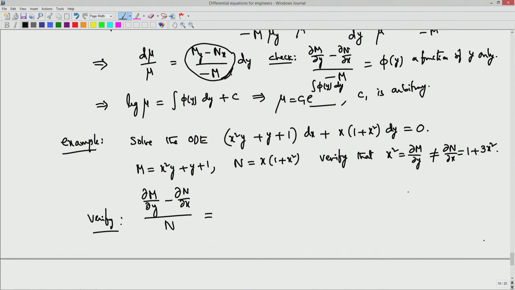Sorry, this is not x square, so this should be x square plus 1 for dou M by dou y, which is not same. So dou M by dou y minus dou N by dou x gives minus 2x square, divided by N. What is N? x into 1 plus x square. So clearly I have minus 2x divided by 1 plus x square, which is a function of x alone.